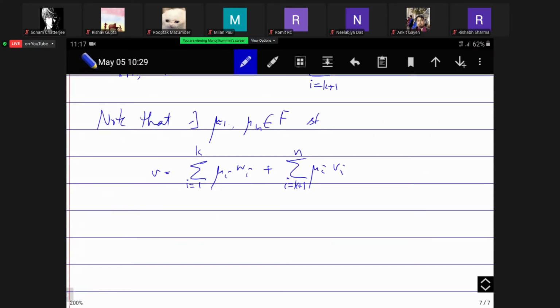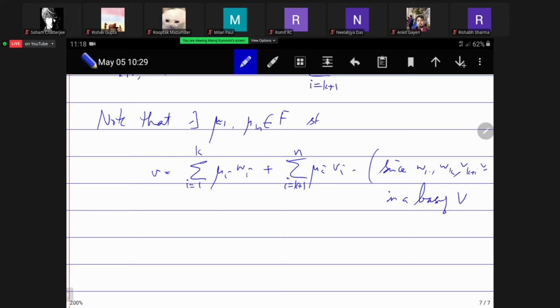Okay, so this we have, since w_1 through w_k, v_{k+1} through v_n is a basis of V.